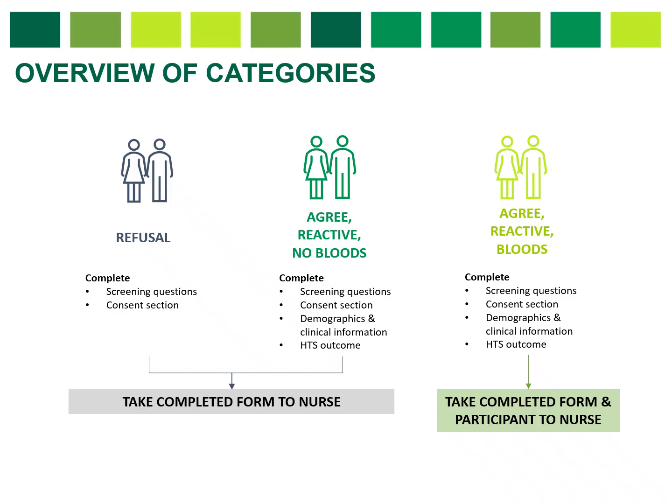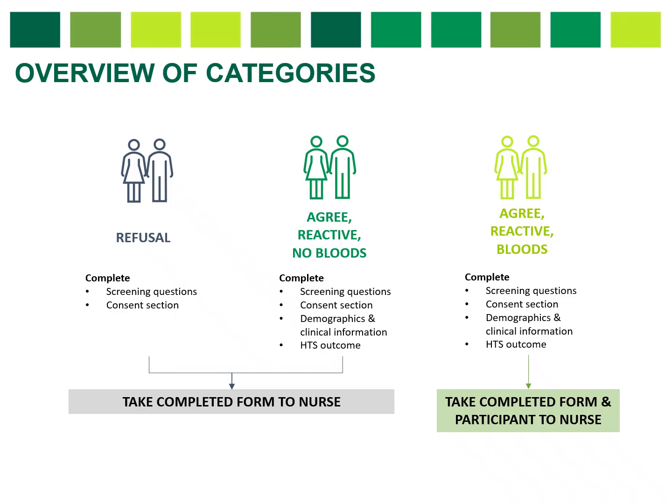So please make sure the front of the form is completed. That is section A, the screening questions, section B, the consent, section C, demographics and clinical information, and section D, the HTS outcomes. This form must still go to the lab, so please make sure it is given to the person who's taking the bloods from the other clients so that all the samples can be kept together.